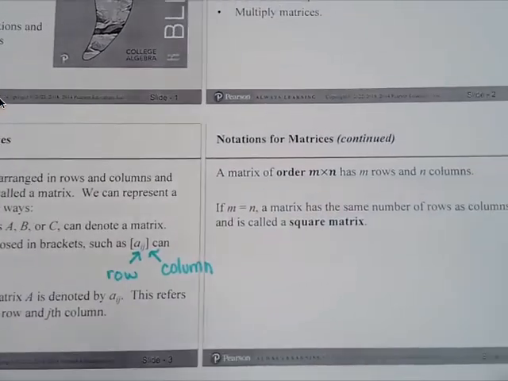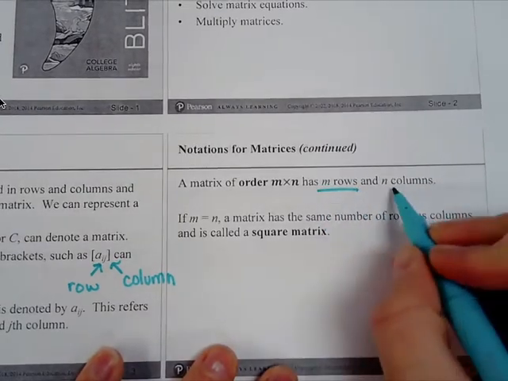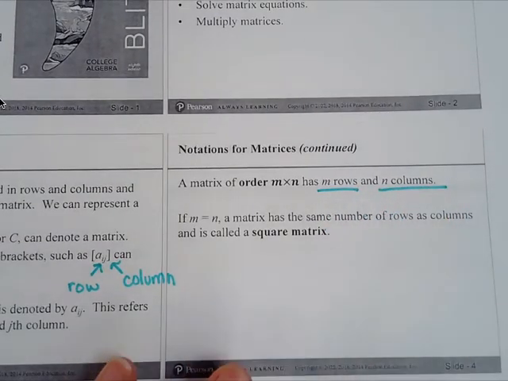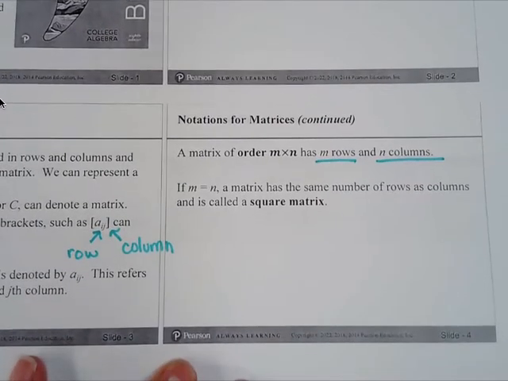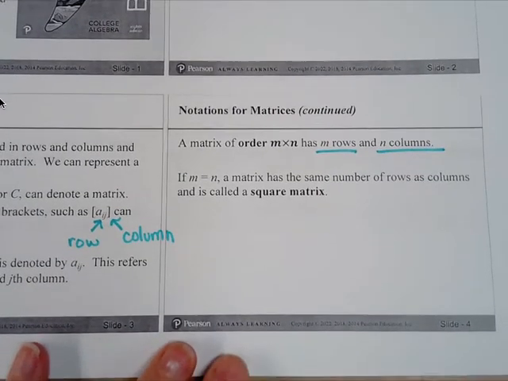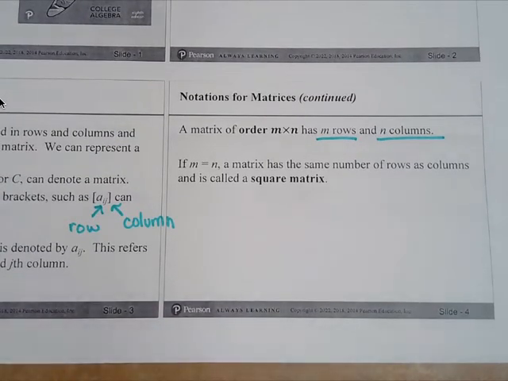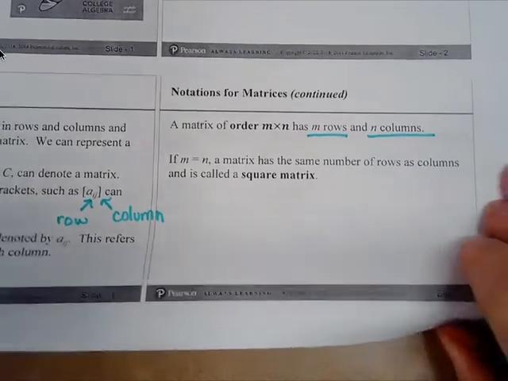The order of a matrix comes from how many rows it has by how many columns it has. So m is your rows, n is your columns. If you have the same number of rows as columns, it's called a square matrix.